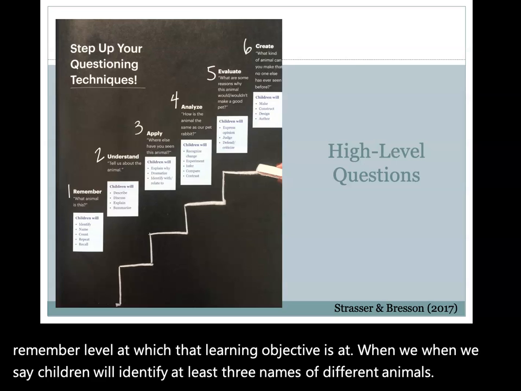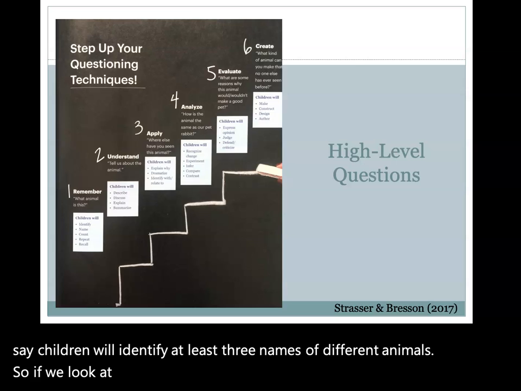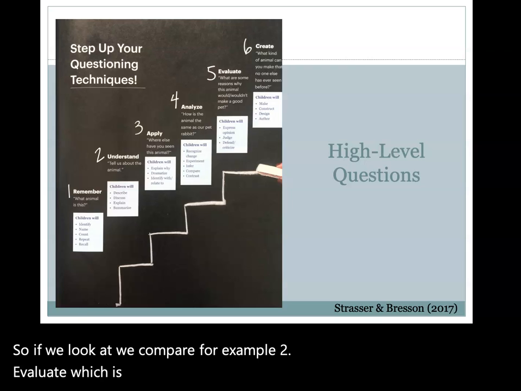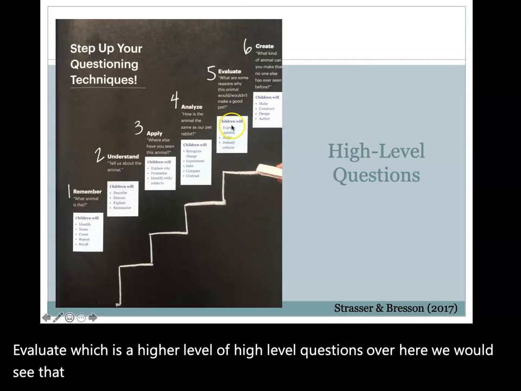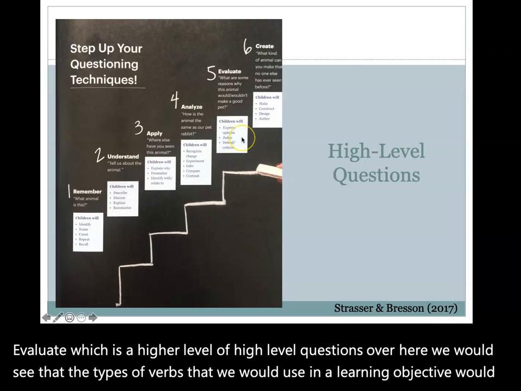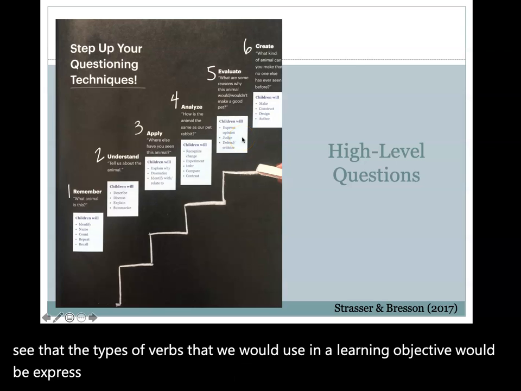If we compare, for example, to evaluate, which is a higher level of high-level questions over here, we would see that the types of verbs that we would use in a learning objective would be express opinion, judge, defend, criticize.